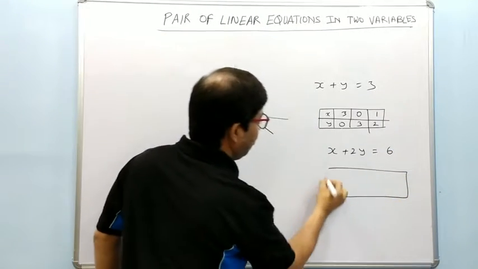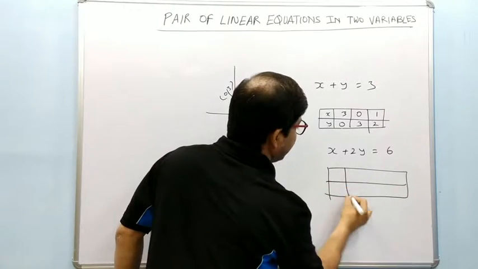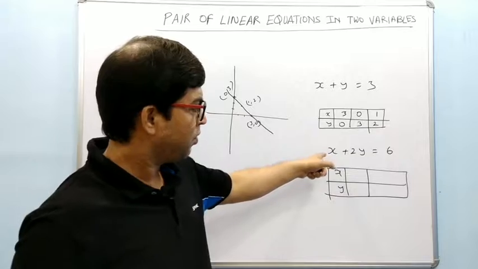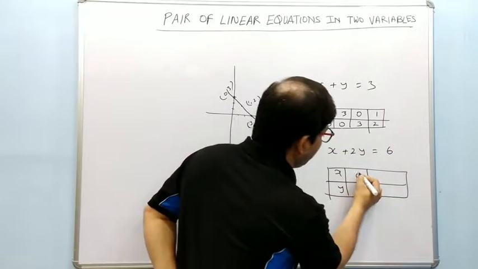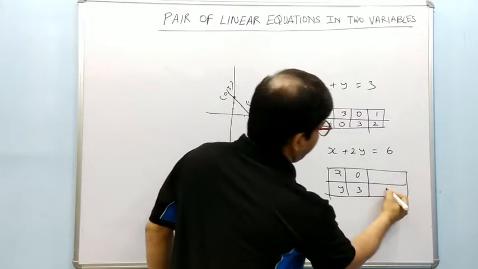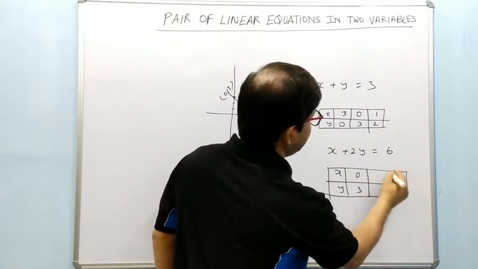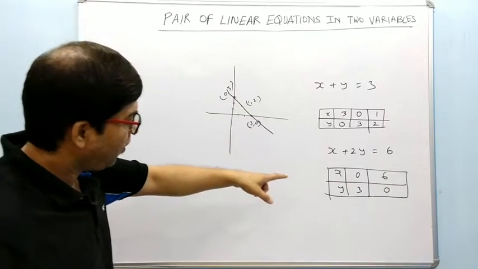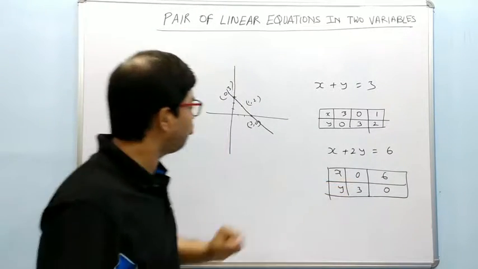Same method we will follow. This time I am taking only 2 points. When x is 0, y is 3. When y is 0, then x is 6.